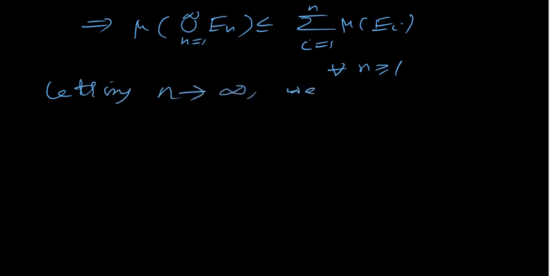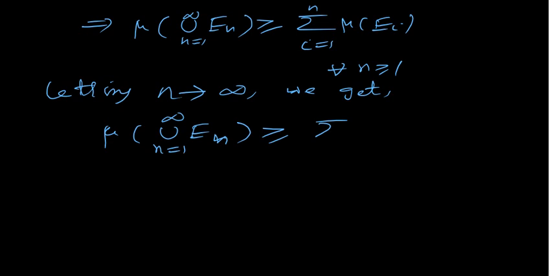we get mu of union En. It's here greater or equal to, not less or equal to. It's greater or equal to mu of this union En, n runs from 1 to infinity, is greater or equal to summation i runs from 1 to infinity mu of Ei. You can write n runs from 1 to infinity, they are one and the same.